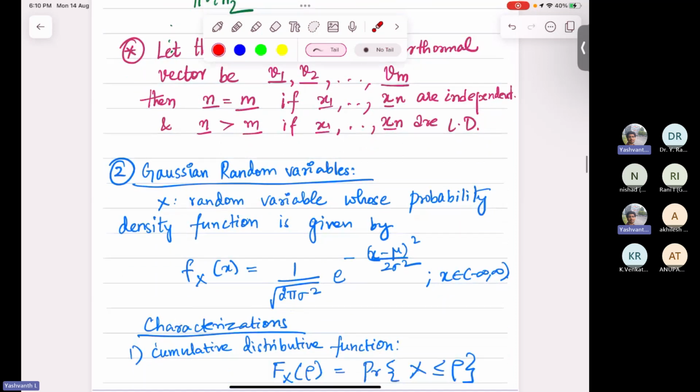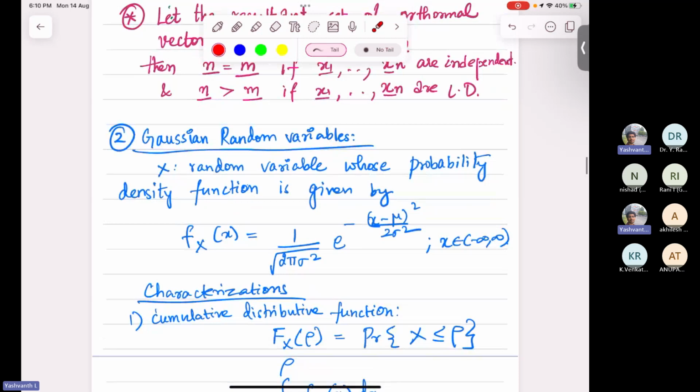Okay. Now the next notion that the professor introduced is the notion of random variables, in particular Gaussian random variables. Random variables are typically represented by a variable in uppercase letters, so X is a random variable. It's a Gaussian random variable whose probability density function is given by this particular expression.